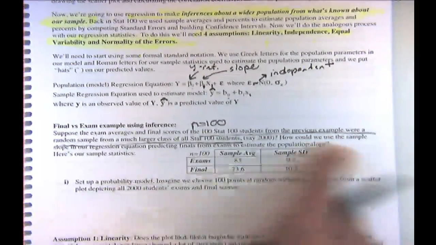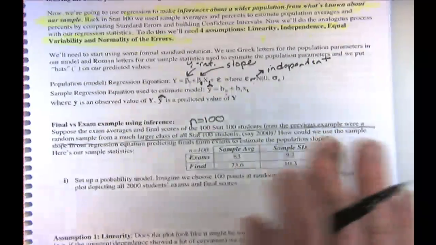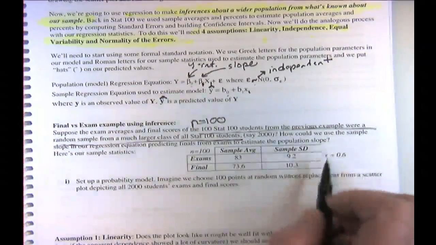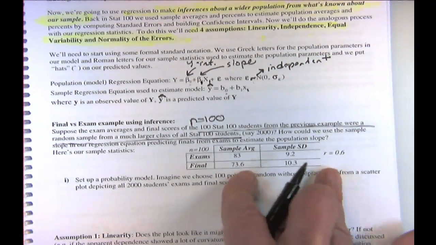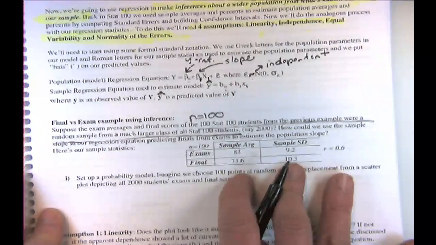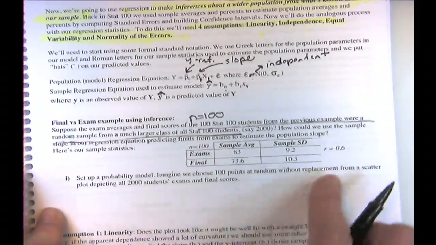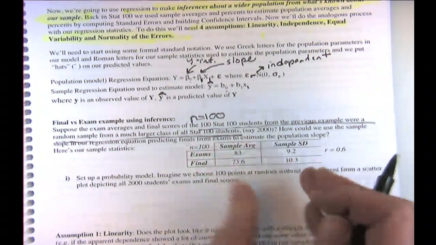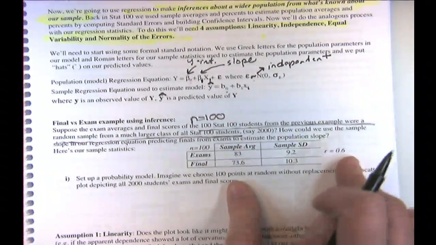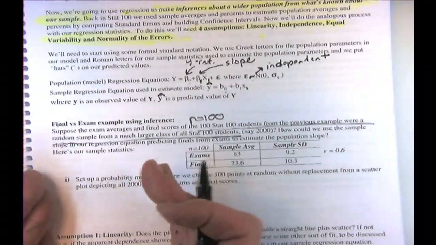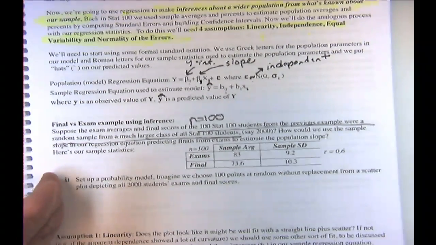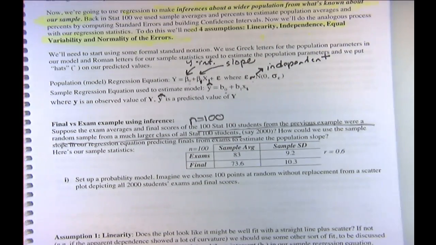So let's say we've done that, right? Then from this we can come up with the regression equation the same way we did before. But what we want to know is how we can use the slope we get in our regression equation, or use this correlation coefficient, to estimate the correlation in our entire population.